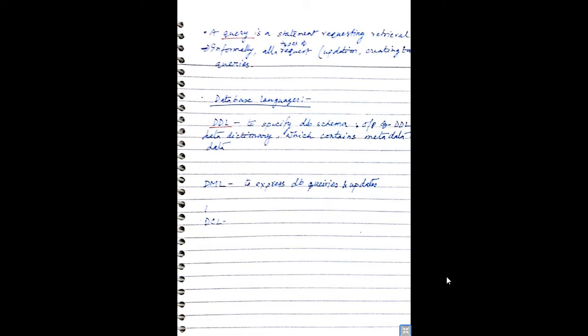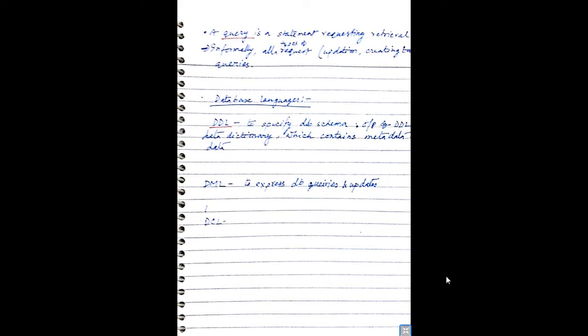Already I have told the full form of SQL, that is structured query language, because this is a very important question in DBMS viva, both in lab and theory.